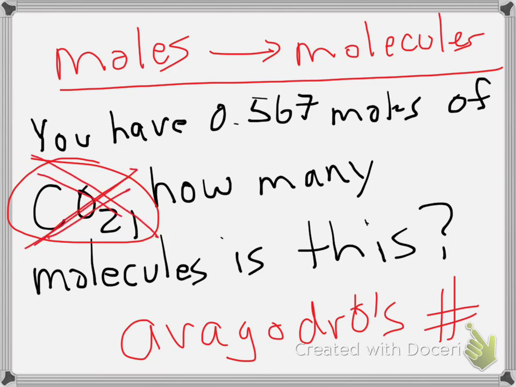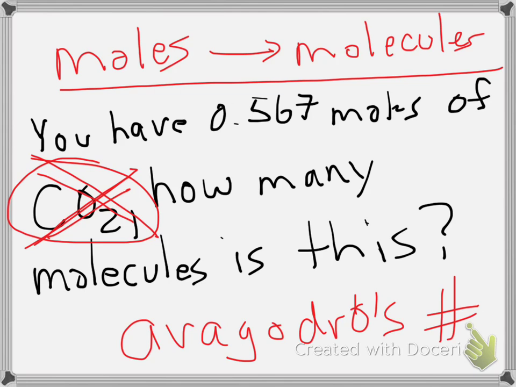You don't need to worry about that. You just have 0.567 moles of something. How many molecules is this? That's really what the problem is asking. The CO2, or if they say potassium sulfate or whatever it is, is just trying to misdirect you. It doesn't matter. It could be you have 0.567 moles of, I don't know, cars. How many cars is this would be the question then.